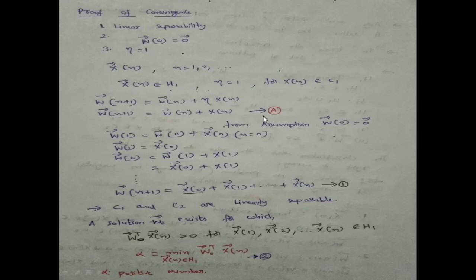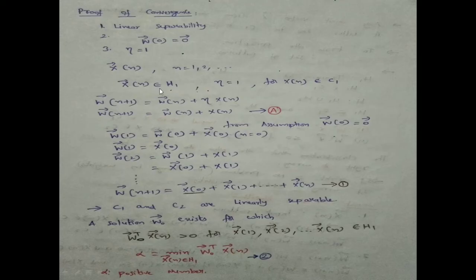From our initial assumption, we have already taken w of 0 equal to 0. So now we put n equal to 0 here. Now w of 0 plus 1, which is nothing but w of 1, is equal to w of 0 plus x of 0. What is the value of w of 0 from our assumption? It is 0.